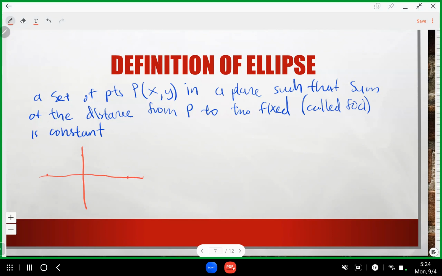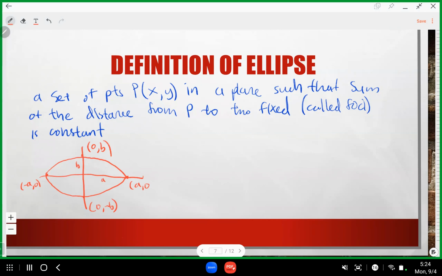So we have a couple points here. Let's call this (-a, 0). This is (a, 0). And let's call this (0, b) and (0, -b). All right, so obviously this distance is b and this distance is a.